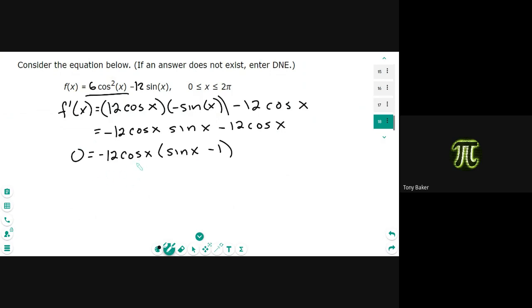So cosine of x equals 0 when? Is it pi? Is it with the unit circle? Well, cosine starts at 1 and goes down.